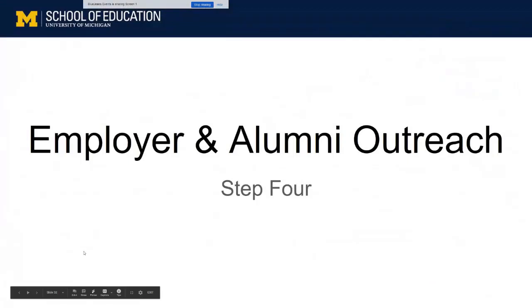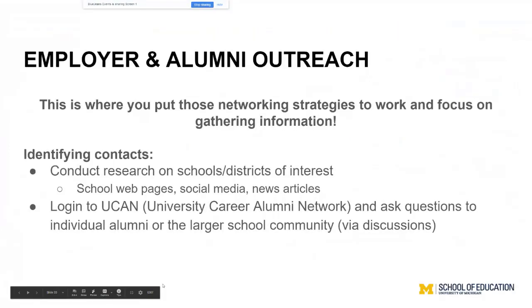Step 4 is thinking about employer and alumni outreach. When you reach out to these contacts, you want to make sure to remember the following. Keep your emails brief, so less than 100 words is preferable. Make no mentions of jobs, because one of the quickest ways to alienate a potential booster is to ask for favors before trust is built.